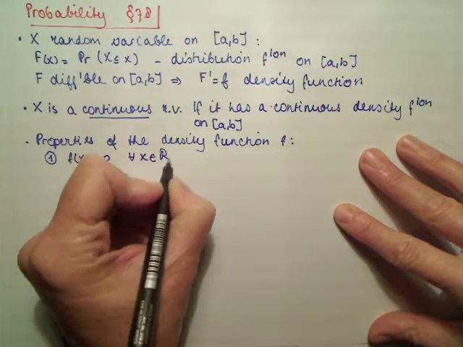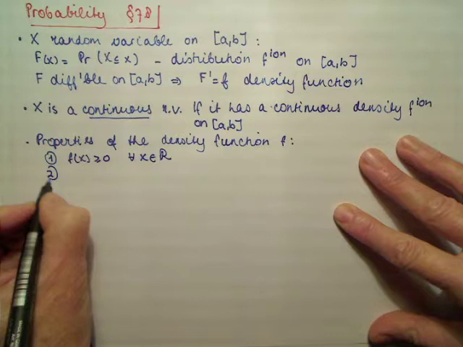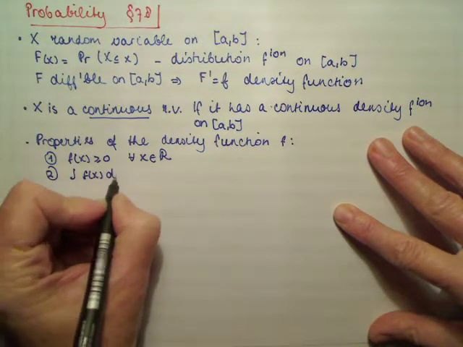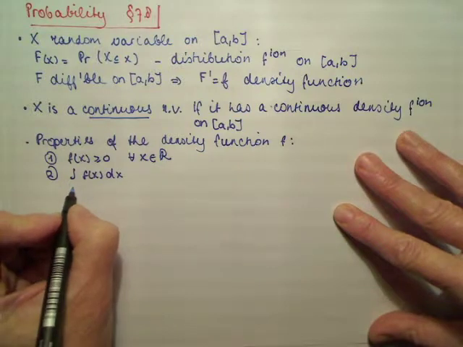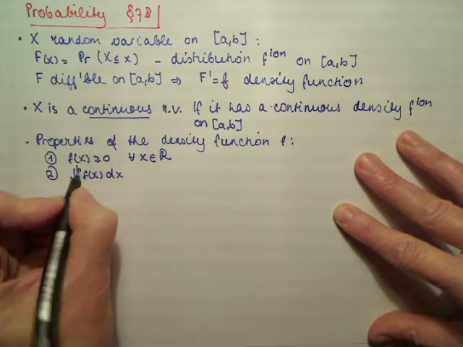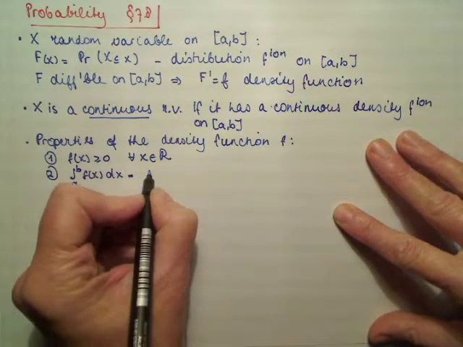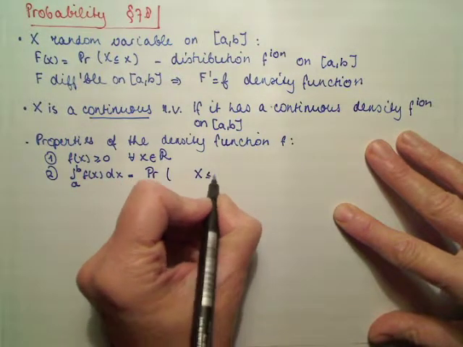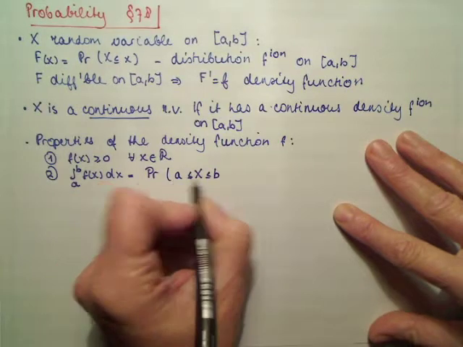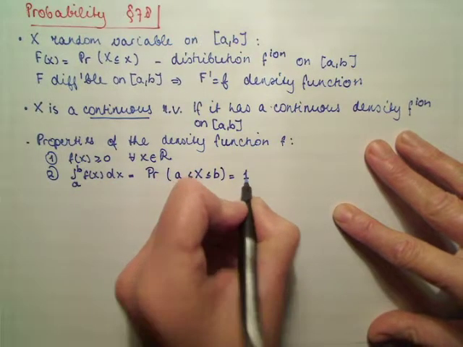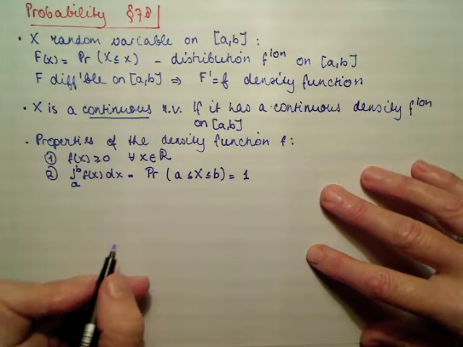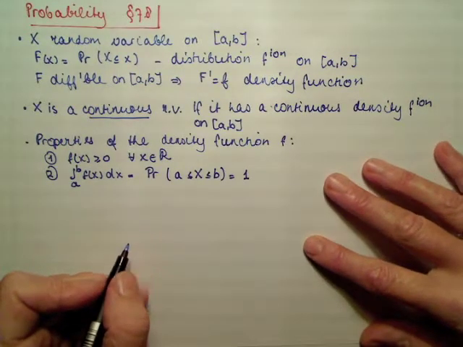Secondly, if you integrate over all possible realizations of the random variable x, which is the interval AB, this means the probability that x is between a and b, and this probability equals 1. So these properties determine whether a function is a density function or not.